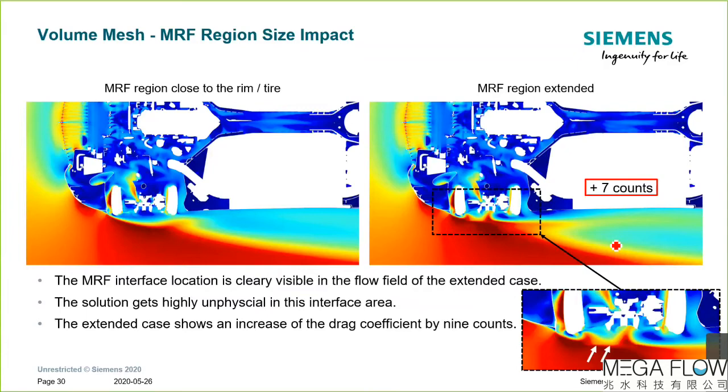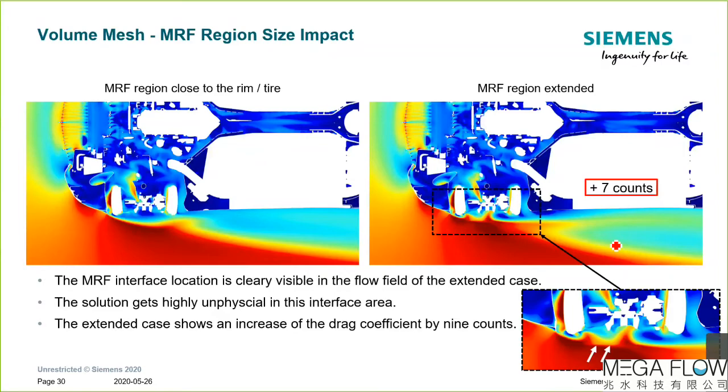You can clearly see that the MRF region is changing the flow field. When we have a closer look, you can see it here on the bottom right. We can clearly see the MRF interface in the flow field, and that's not what we want. So we can see here some unphysical results.